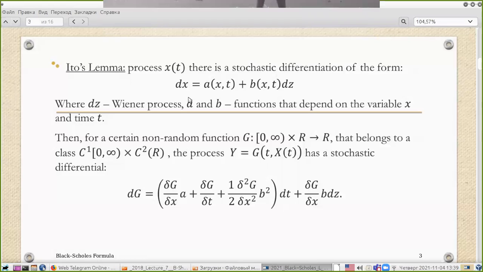What is Ito's lemma? Ito's lemma is a rule for how we can differentiate a function of a stochastic process. If we have a stochastic process, we can write it in this algebraic form, called an Ito process. I see a mistake, after a we should write dt.